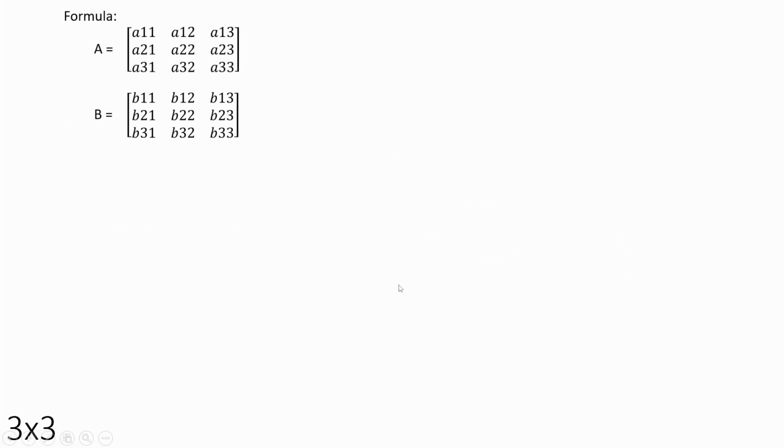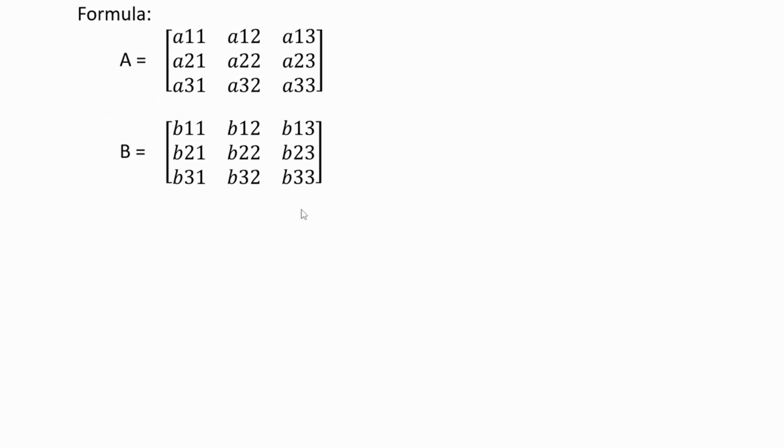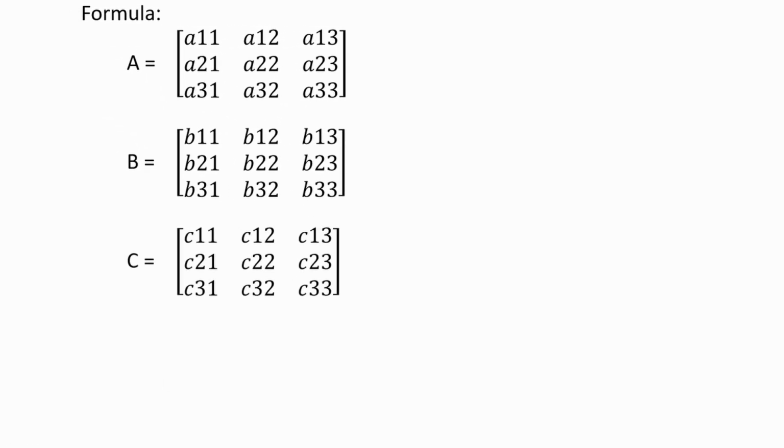Okay, next, let's find the formula for a 3 by 3 multiplication matrix. Let's assume that we have matrix C right here. Or you can also call it matrix AB because this is the result of multiplication between matrix A and matrix B. So our objective here is to find matrix C. First, we need to find the element C11.